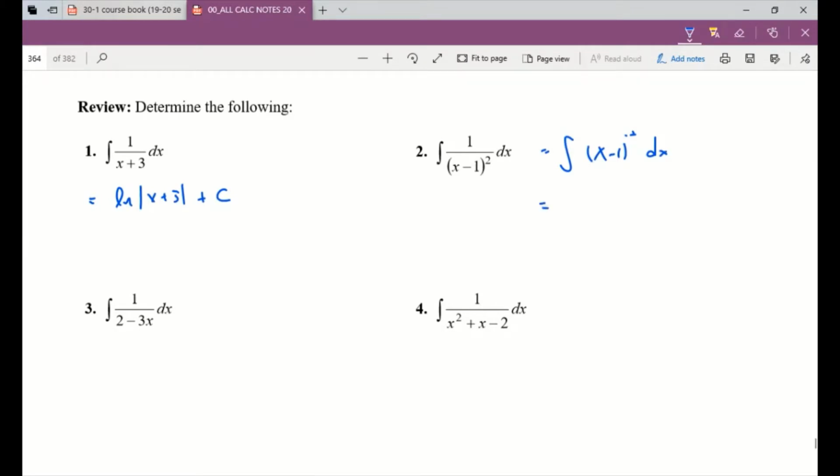And when we integrate that, we take our exponent of negative 2 and add 1 to it, giving an exponent of negative 1. And then we also divide by negative 1. So this ends up being the negative of 1 over x minus 1 plus c.